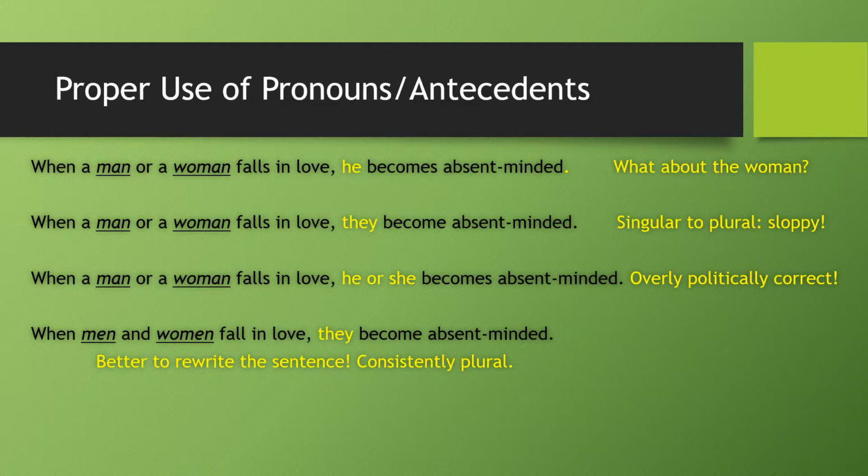The second sentence changes from a singular to a plural, so we don't want to do that. And the first sentence, the pronoun focuses on one or the other and leaves the other out. So we want to be as precise and clear and consistent as we possibly can when we're using pronouns and antecedents.